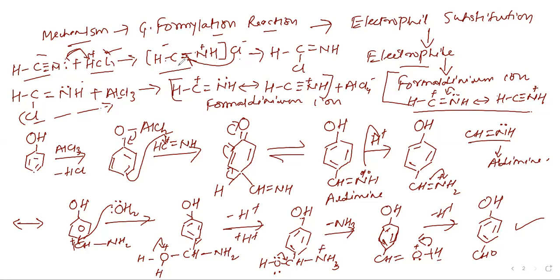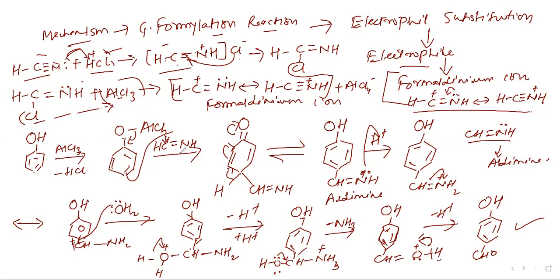Where the Cl will go and combine with this hydrogen, and with the help of aluminium chloride, this will be lost from this carbon atom to form this formaldiminium ion. Now this formaldiminium ion will attack at the para position, right? And this OH will react with aluminium chloride, leaving HCl, removing one HCl, this H and one Cl from here.